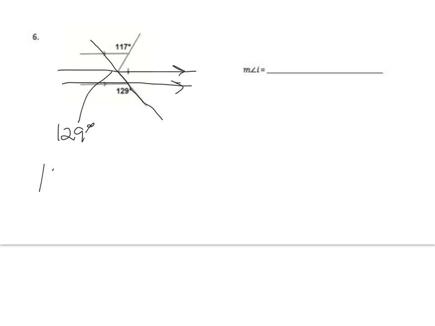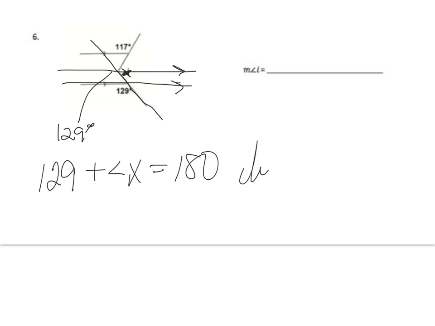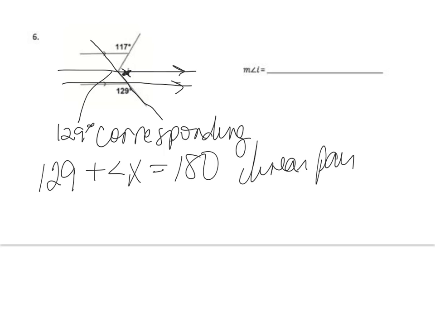And if that's 129 plus angle x, I don't know if you're going to be able to see my angle x though, equals 180 because it's a linear pair. This angle is 129 because they're corresponding. So angle x equals 51 degrees.